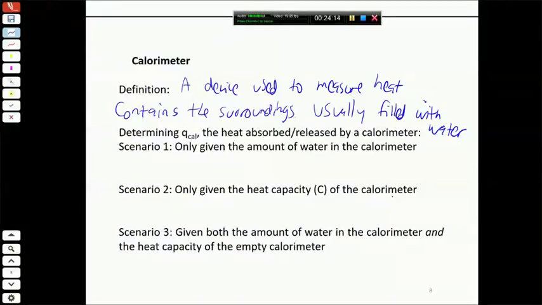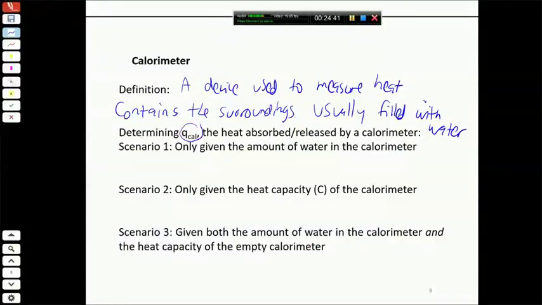Now, when we're doing calorimetry problems, when we're making measurements with calorimeters or simulating those measurements in the types of problems that we would do in this course, there's three different possibilities for how this can work. So the calorimeter, as we said, is filled with water, and then it has some sort of container that also is including that water. So when we determine the heat that's absorbed or released by a calorimeter, there's three possible situations.